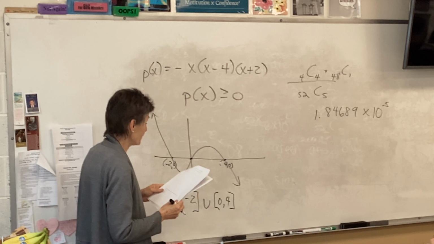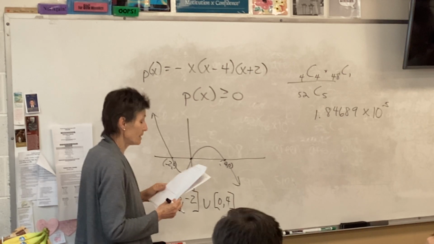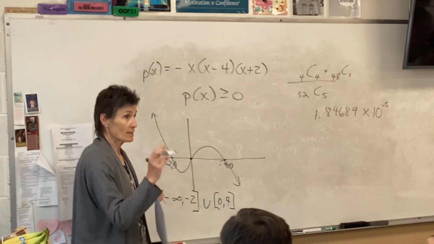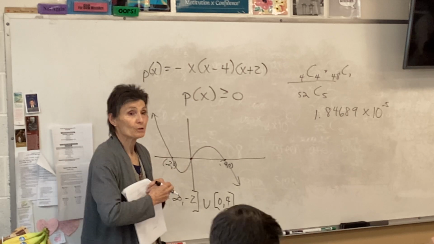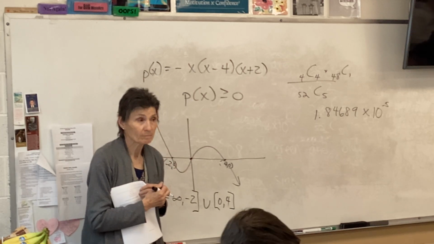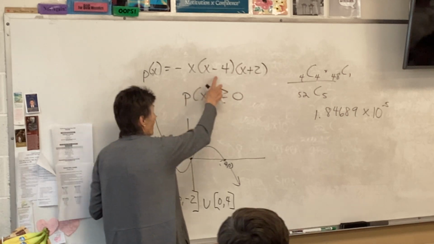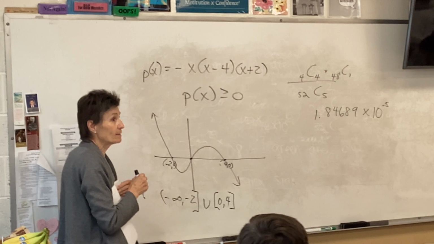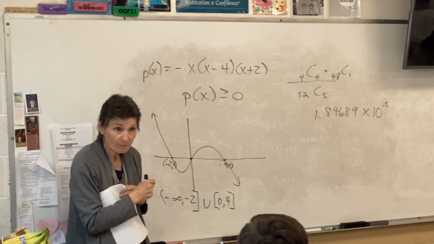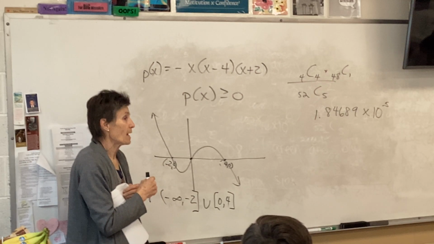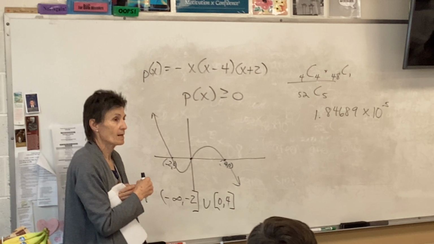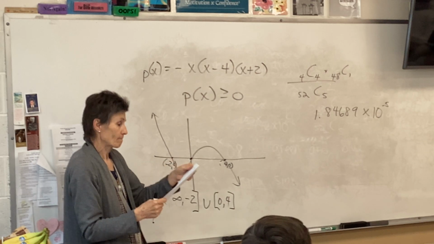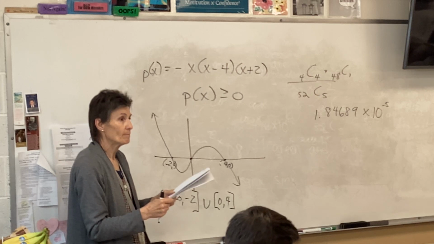So I think the answer is D. Now, there's another way you could do that. You could do this with a sign chart. You have your 3 factors, right? And you need that product to be positive. So you could certainly do that also on number 1 with the sign chart. Anybody have a question about that?